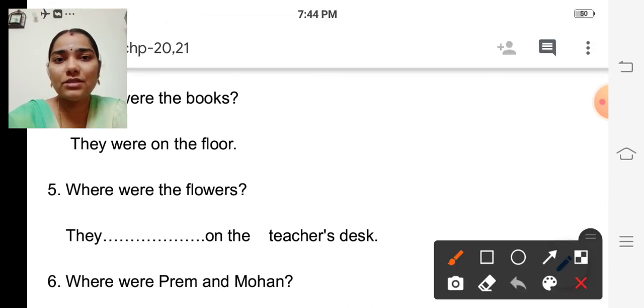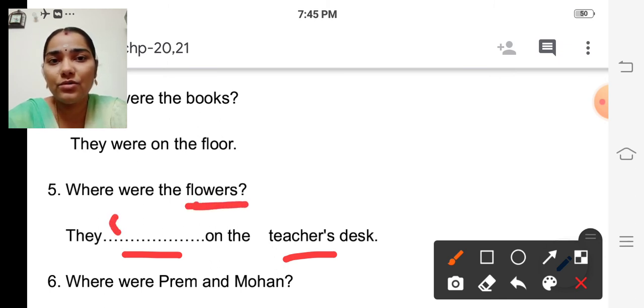See the fifth question. Where were the flowers? So where did you see the flowers? They were on the teacher's desk, isn't it? So how to write? They were on the teacher's desk. Flowers, it is plural, isn't it?